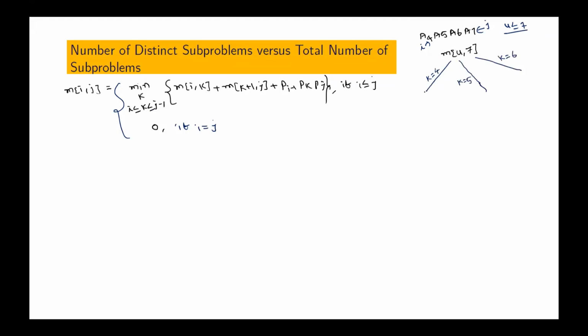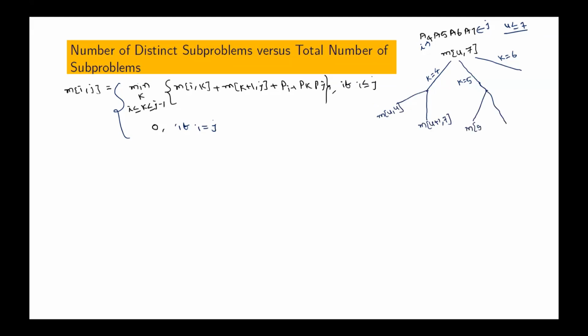If k equals 4, what are the subproblems we get? M[i,k], that is M[4,4]. Next, M[k+1,j], M[4+1,7]. Is that okay? When k equals 5, what are the subproblems we get?